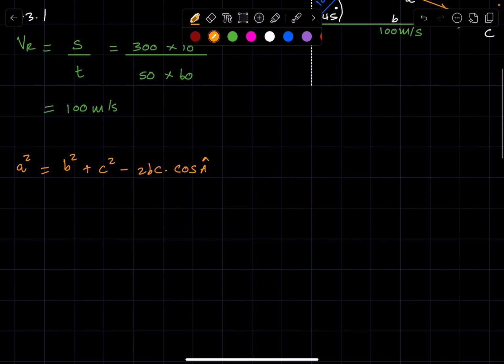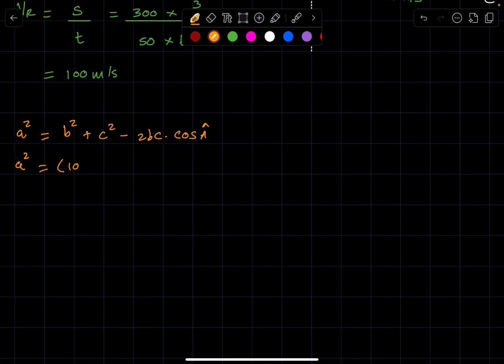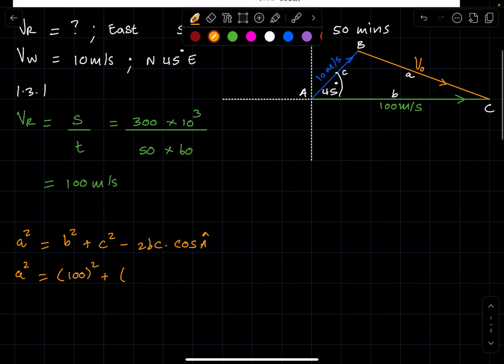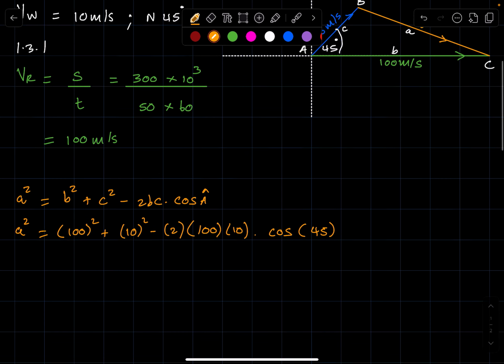All right, now you substitute. A squared is equal to, side B is 100 squared plus side C is 10, so that's 10 squared minus 2 into 100 into 10 times cos A. Angle A is 45 degrees.